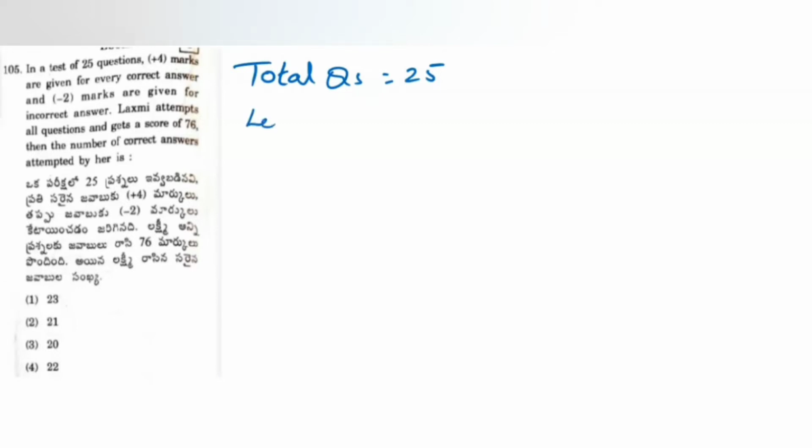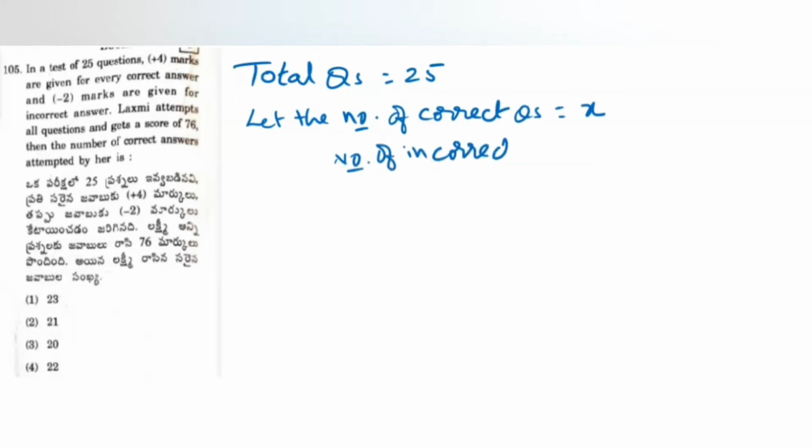Let the number of correct answers attempted by her be x. Then according to all questions she had attempted, the number of incorrect questions, which are wrong answers, are 25 minus x.